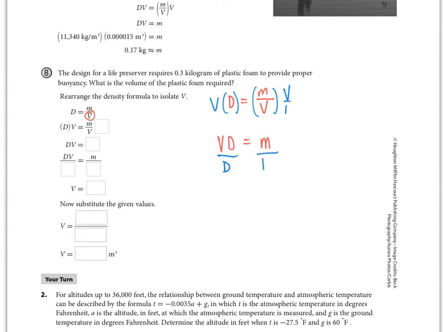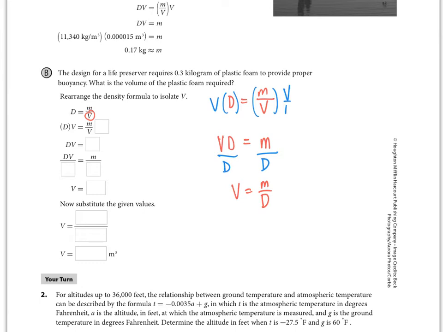So that means divide the other side by D, and I end up with V equals M over D. Or using what this represents, volume equals mass divided by density.